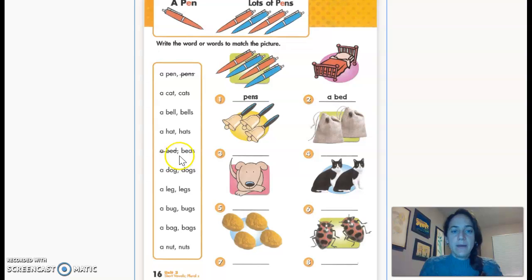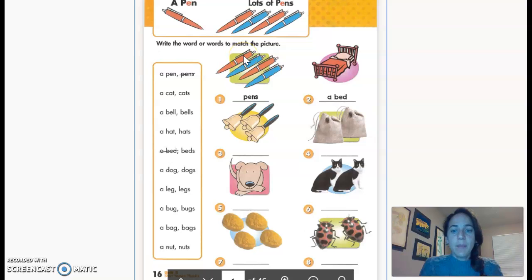A bed. Beds. A dog. Dogs. A leg. Legs. A bug. Bugs. A bag. Bags. A nut. Nuts. Let's look at our pictures.